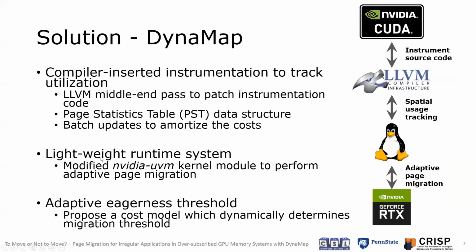And then we modify the existing GPU driver for UVM to collaborate with the instrumentation and get needed information about spatial usage and determine what pages should stay or migrate. Finally, we propose a cost model which considers memory pressure and can give out an adaptive threshold to help the driver make page placement decisions.